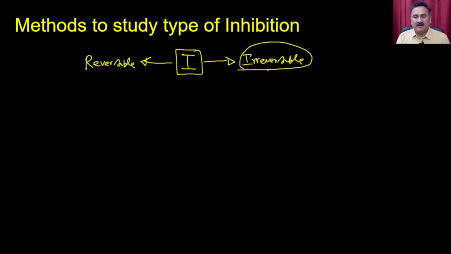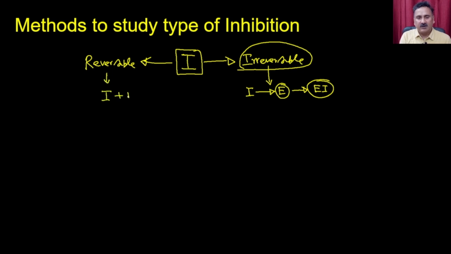In an irreversible enzyme inhibitor, the inhibitor interacts with the enzyme and makes a permanent complex, which means it permanently locks the enzyme into this particular conformation.